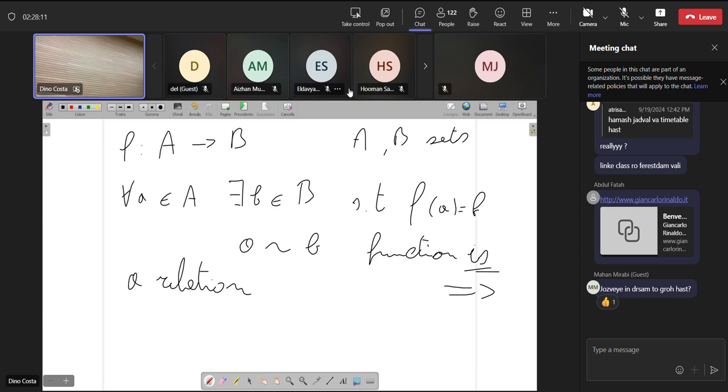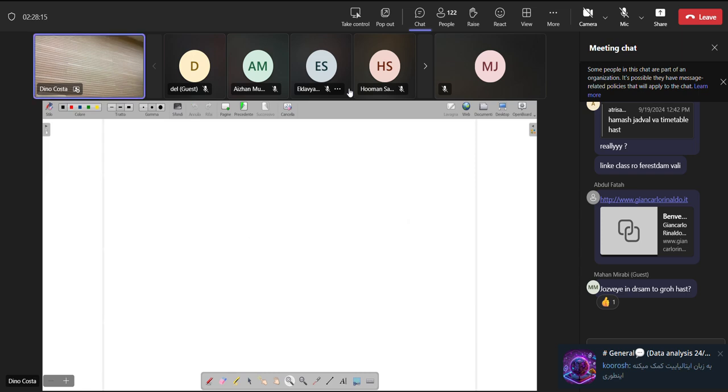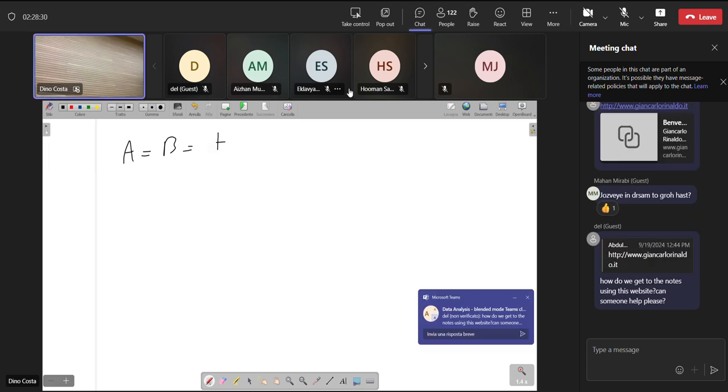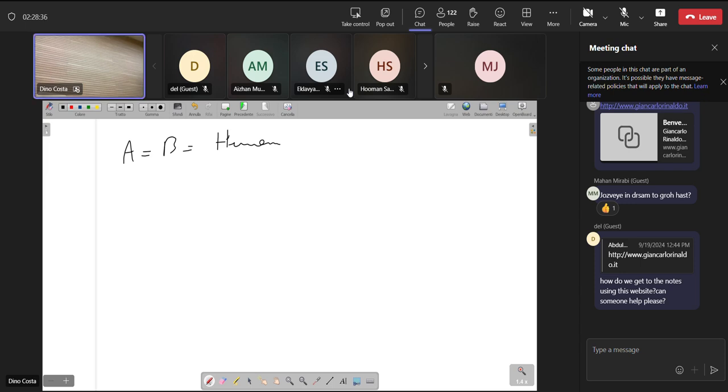Example of function. For example, we can say A is equal to B equal to the human beings.